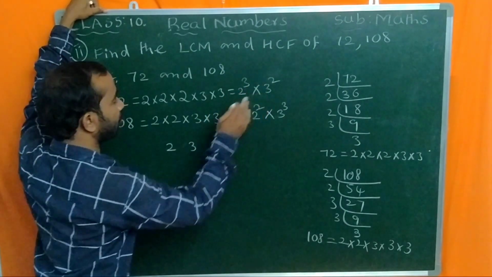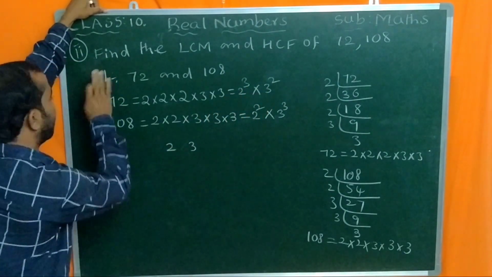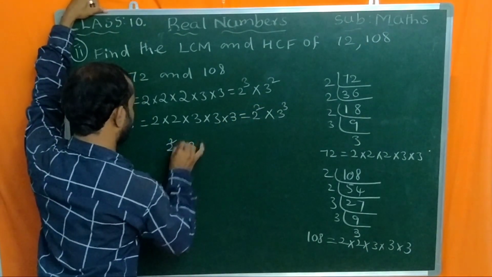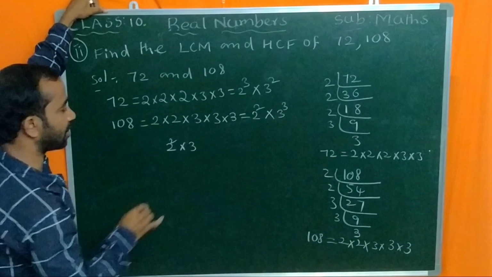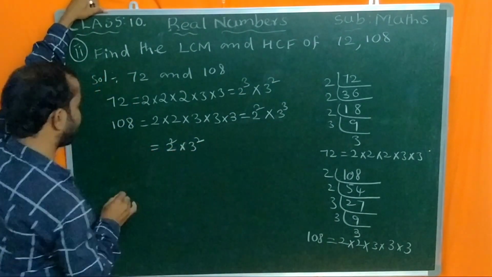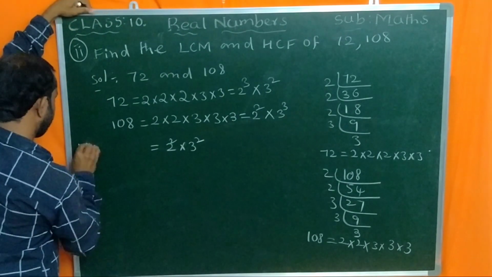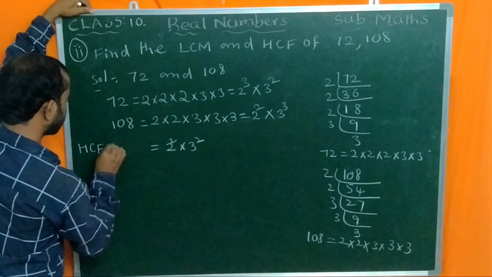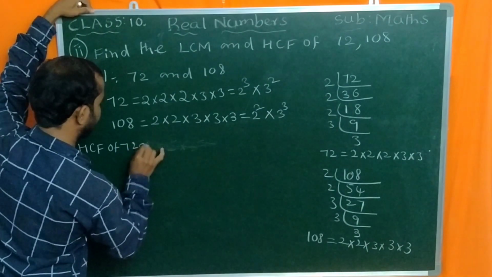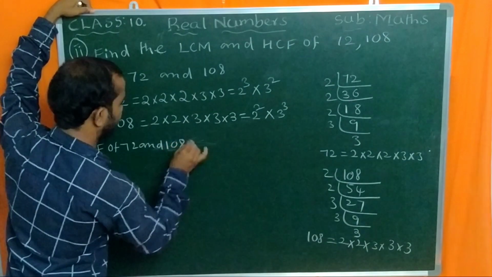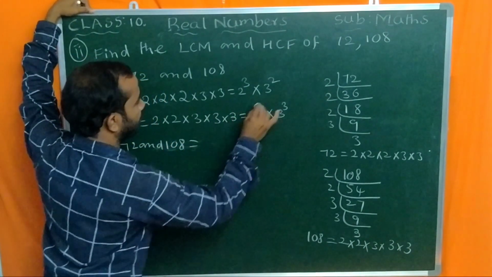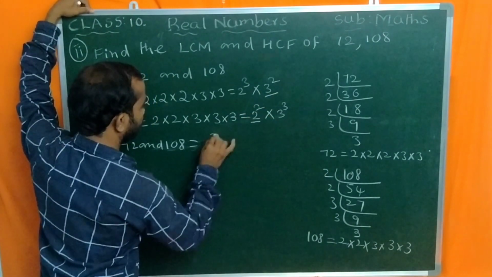The smallest power of common factors is called HCF. The smallest power of 2 is 2 squared. Next, the smallest power of 3 is 3 squared. So HCF of 72 and 108 equals the smallest powers, 2 power 2 and 3 power 2.